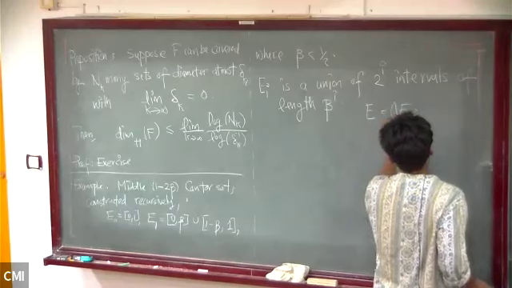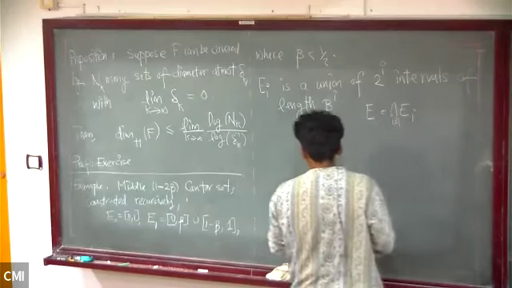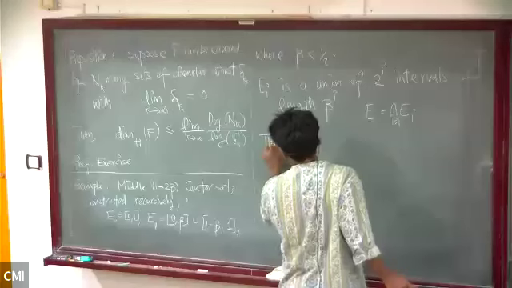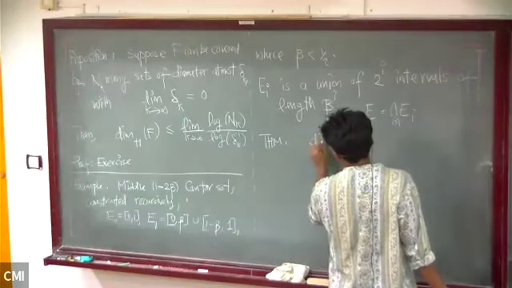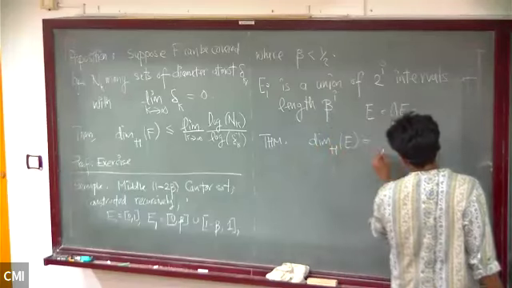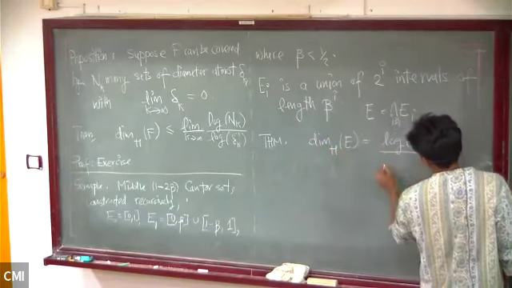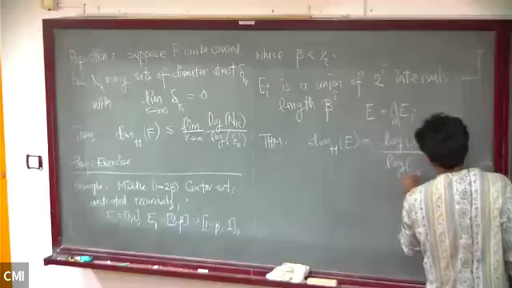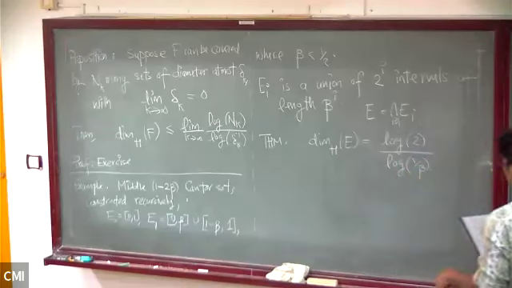So with this construction, and by the argument that we have seen yesterday, it's quite easy to see that the dimension of E is log 2 by log 1 by beta.